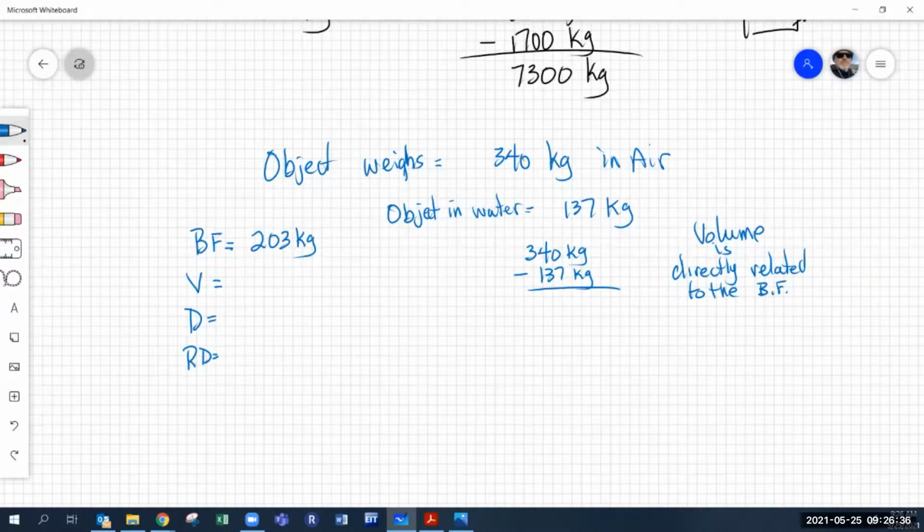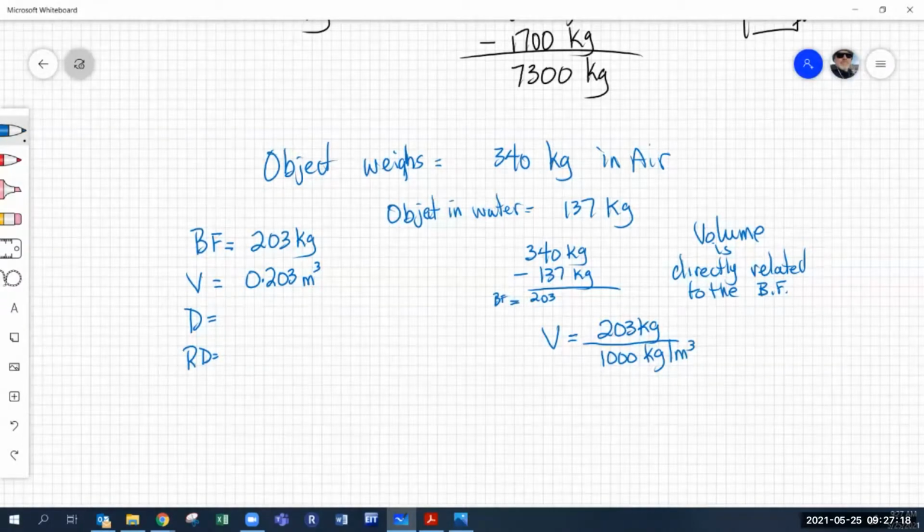So I could take the buoyant force, which is 203 kilograms, and if I divide that by the density of the fluid, that gives me the volume of the object, and that is going to equal 0.203 cubic meters is the volume of the object.